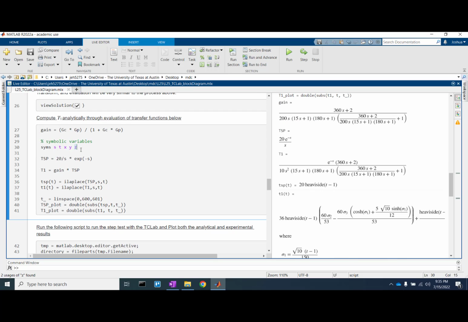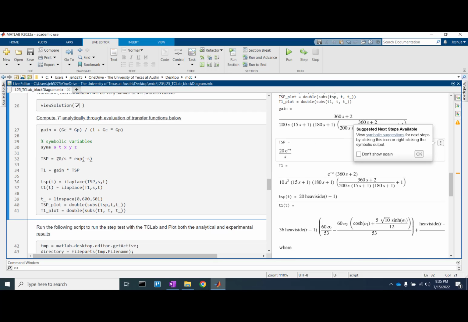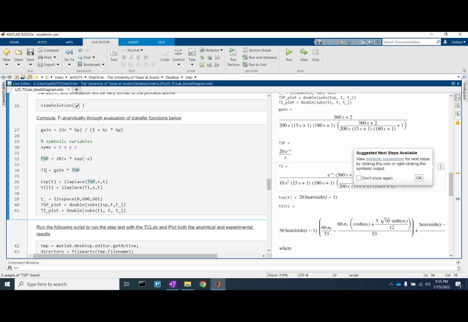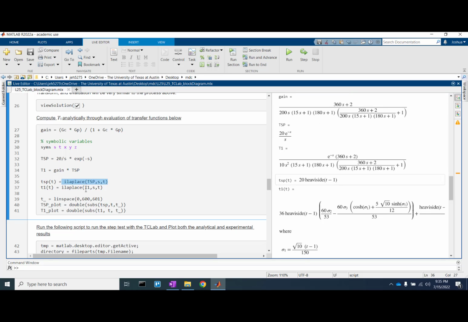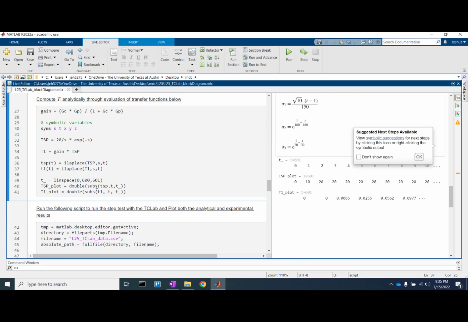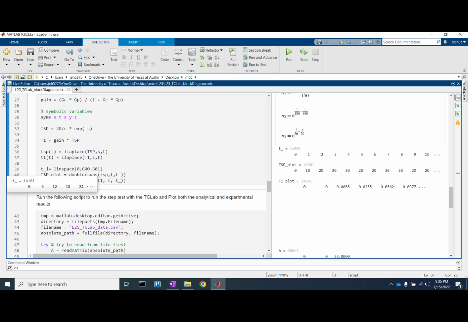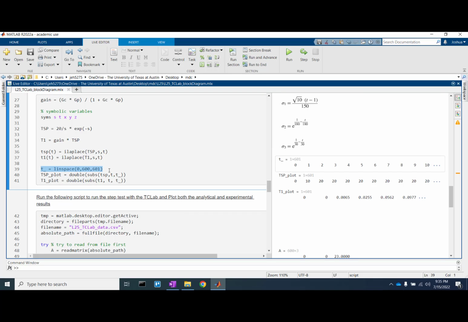Again, we're going to declare our symbolic variables. Our TSP this time is what's going to change by a step change. And then our T1 response is going to be our gain times the step change. We also have our T set point in the Laplace domain, as well as our T1 in the Laplace domain. And we'll go ahead with our T underscore linspace for the values that we're going to plot.